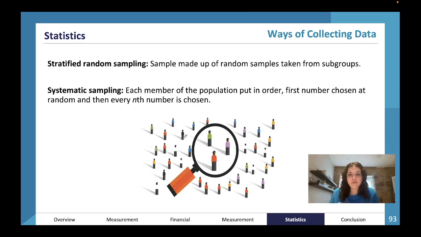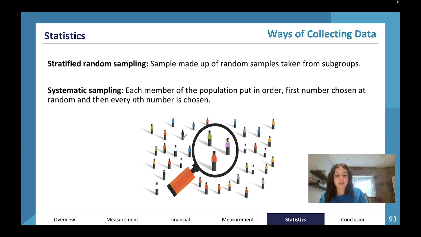Stratified random sampling is a sample made up of random samples taken from subgroups. So you might take 7 students from year 7, 6 students from year 8, 9 students from year 9, and so on. Systematic sampling is when everyone gets put in order and then every certain number of person is chosen. So let's say you have a roll of people that are alphabetical and every 5th student is chosen to be part of the sample.